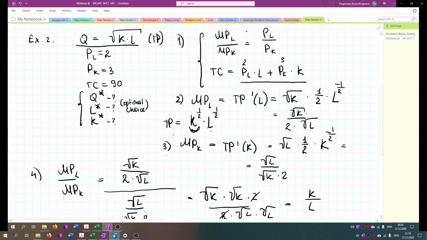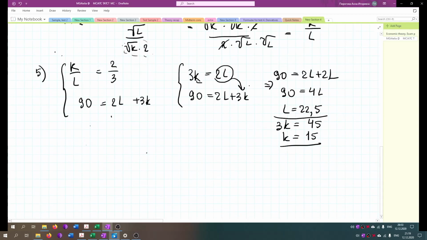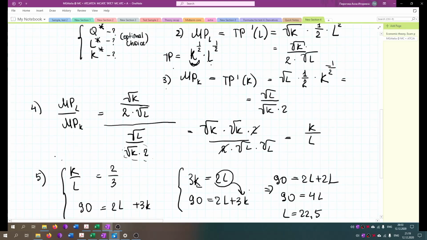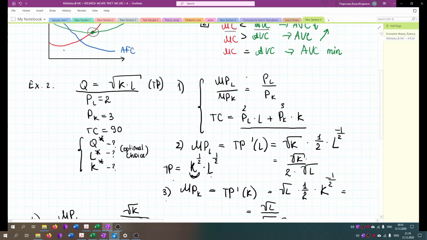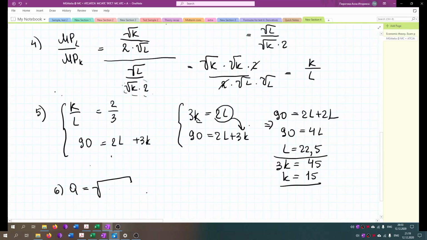So let's see how many units will be produced in this case. We need to use our production function from the beginning. So Q is equal to the square root of capital multiplied by labor. We know our capital and labor, so we just put in these numbers and compute the square root.